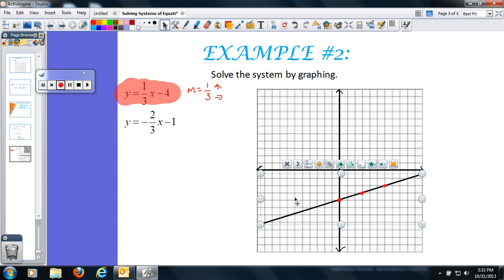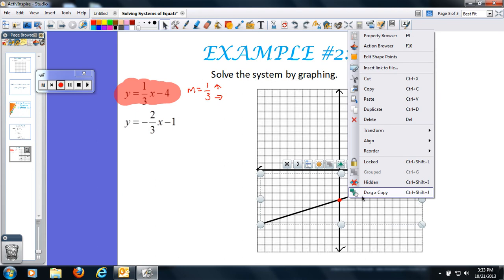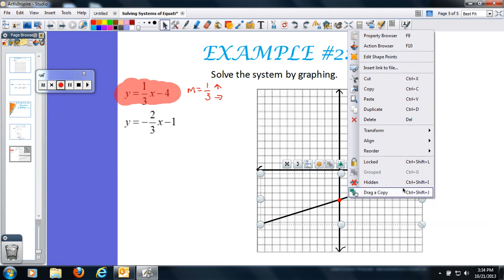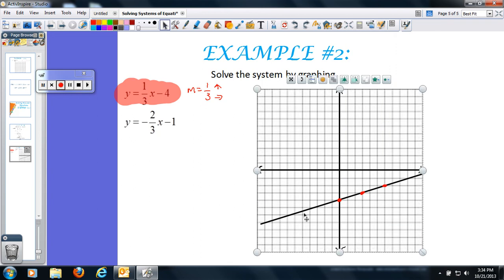Let me see if I can figure out how to change the color. Edit shape points. I'm not sure why my colors aren't working here.